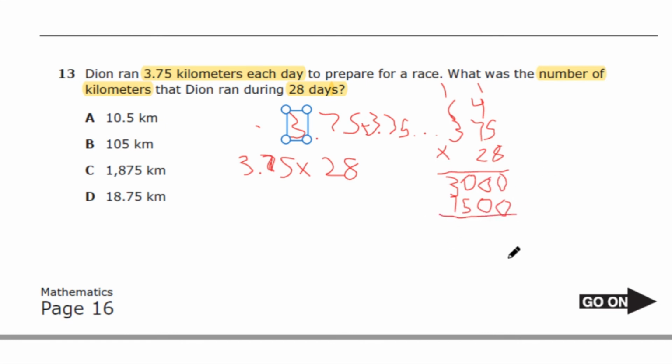So now we just have to add these up, and we have 0 plus 0 is 0, 0 plus 0 is 0, 0 plus 5 is 5, and 3 plus 7 is 10. And you can write down the 10 because there's nothing left to regroup it to. But if you look at the answer choices, this is 10,500, but there's no 10,500 kilometers.